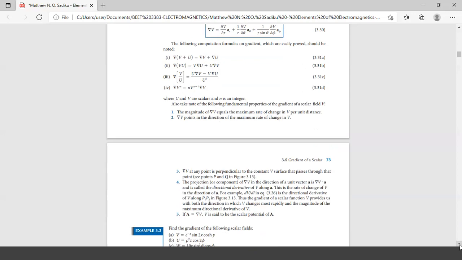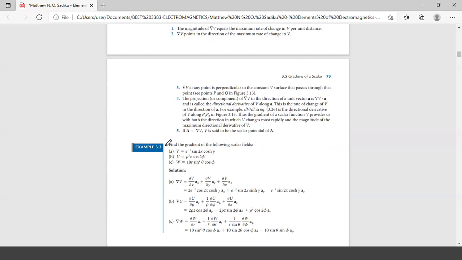So look at the example. Find the gradient of the following scalar fields. V equals e to the power negative z sin 2x cos y, U equals rho squared z cos 2 phi, and W equals 10 r sin squared theta cos phi.